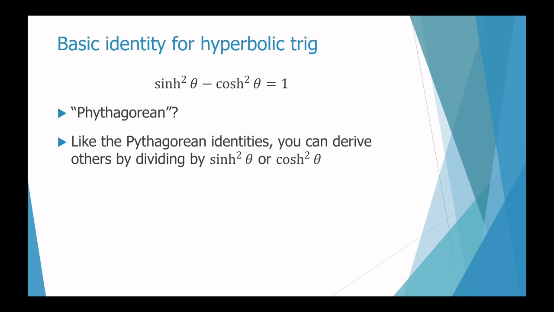And in trig, the Pythagorean identity is sine squared of theta plus cosine squared of theta is equal to 1. Right? And you can get the other three by dividing by sine squared or dividing by cosine squared, and you get the other three identities. Same process holds true with this, so you can derive them.